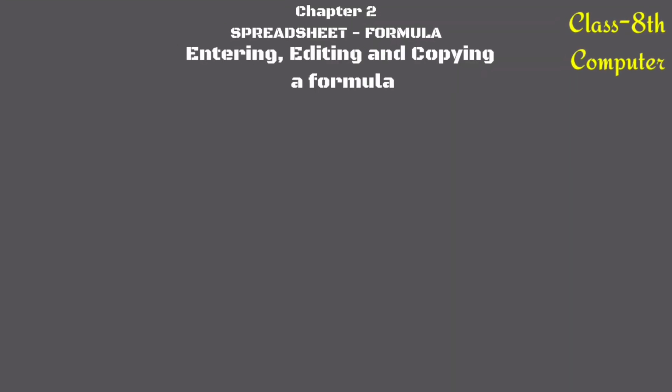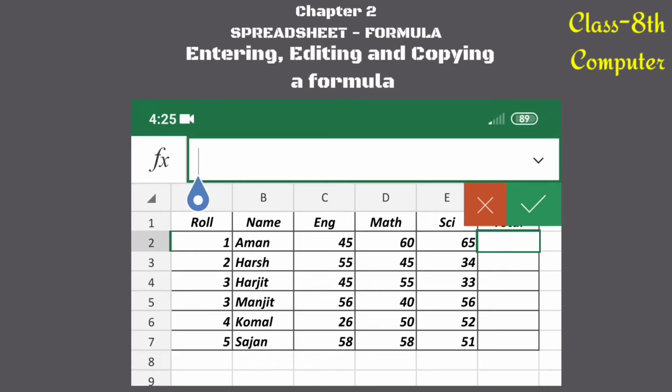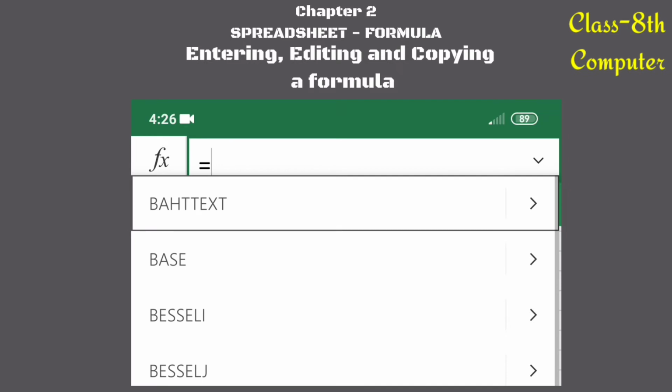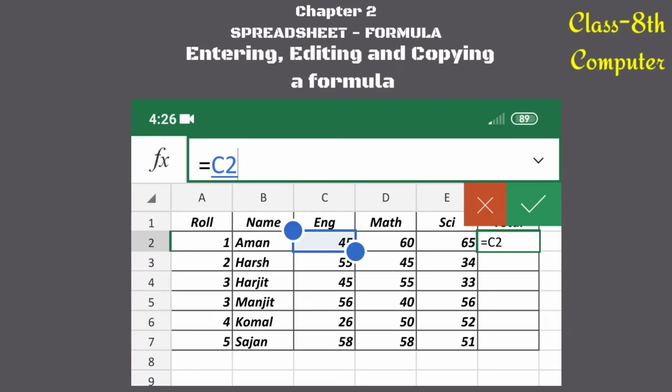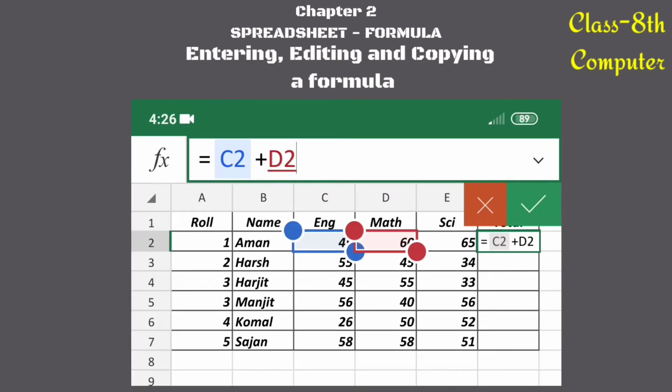Next we have entering, editing and copying a formula. Suppose this is the table where we want to compute the total of marks, and for that we will enter a formula in the last column, that is equal to C2 plus D2 plus E2.